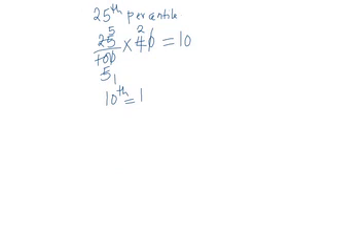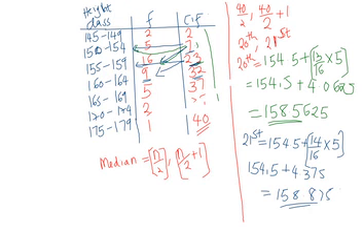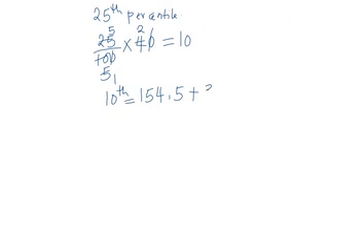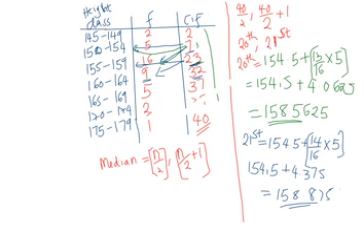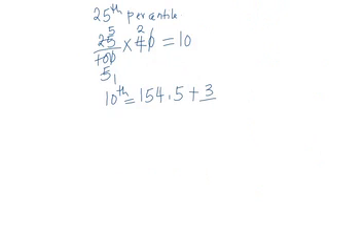So we have 154.5 plus, from the 7th student to the 10th student we need 3 students, so plus 3 over, we are going to get the 3 students from the next class which has 16 students, so over 16 multiplied by the class width, which is 5.